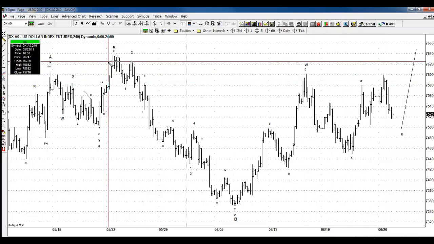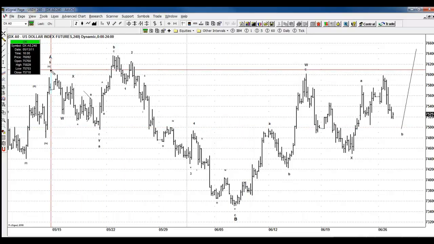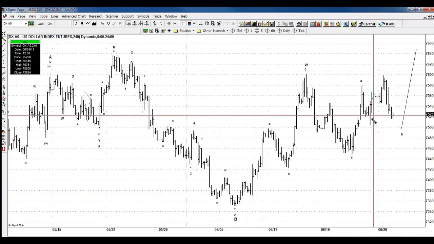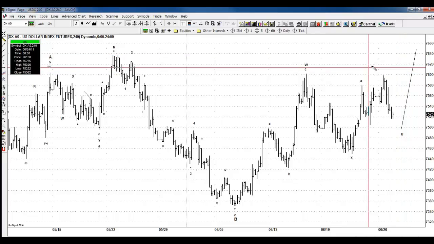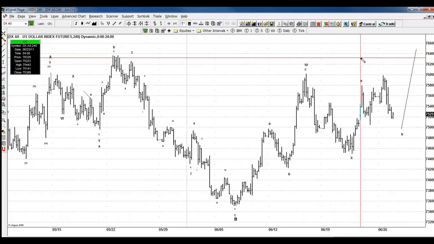That's why I don't like the triangle scenario in the euro, because I know that it is a cheating triangle in my own opinion. I believe that this is A, B, and we're working higher in C. It's hard for me to count this as bullish. Very hard.